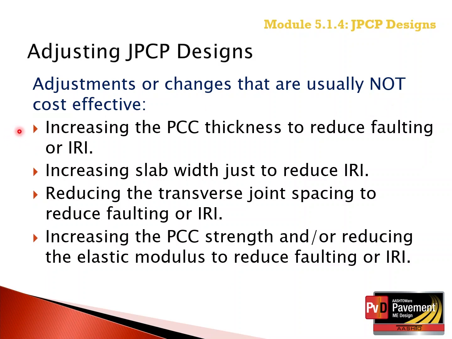For example, increasing the PCC thickness to reduce faulting or IRI is generally not cost effective. Increasing slab width just to reduce IRI is usually not cost effective. Reducing the transverse joint spacing to reduce faulting or IRI is usually not cost effective.